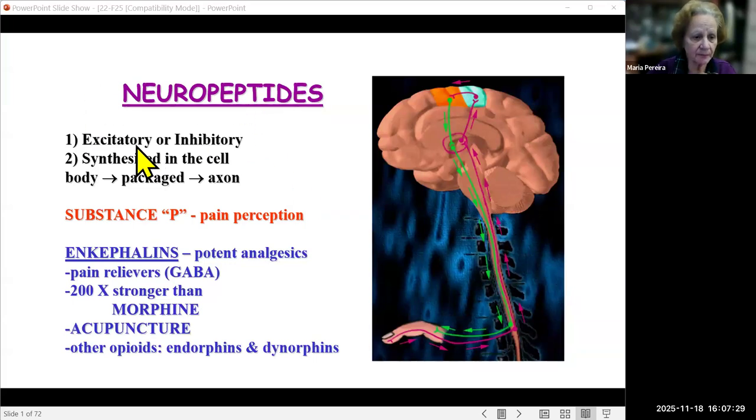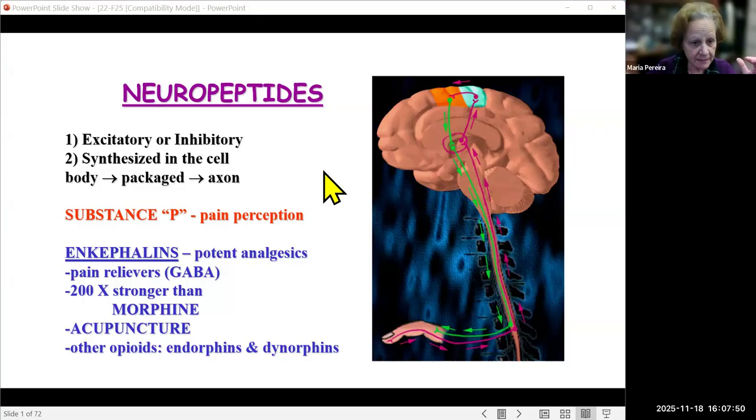Some of these neuropeptides can be excitatory or inhibitory. It depends on what type of receptors are in the postsynaptic membrane. If they open chloride channels, then it will be inhibitory because it becomes more negative.